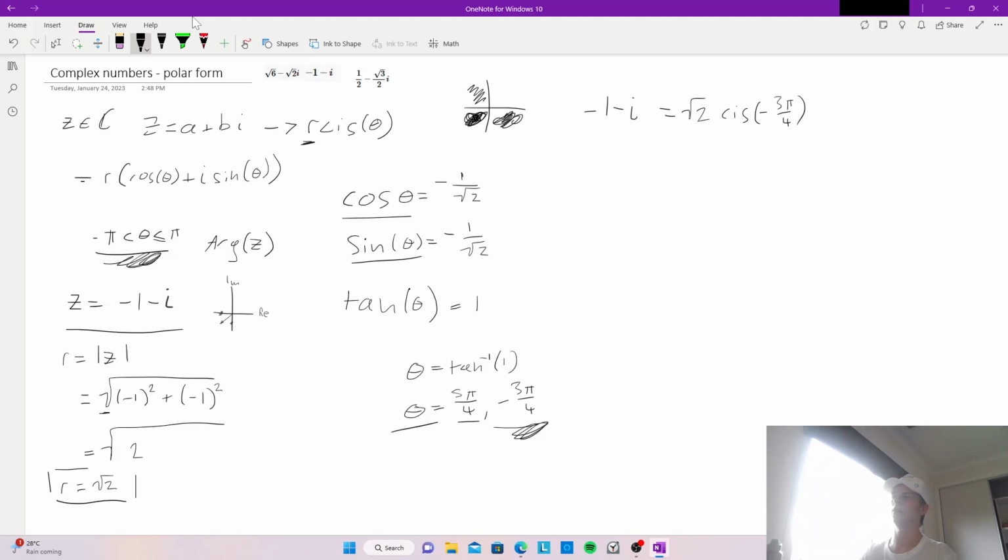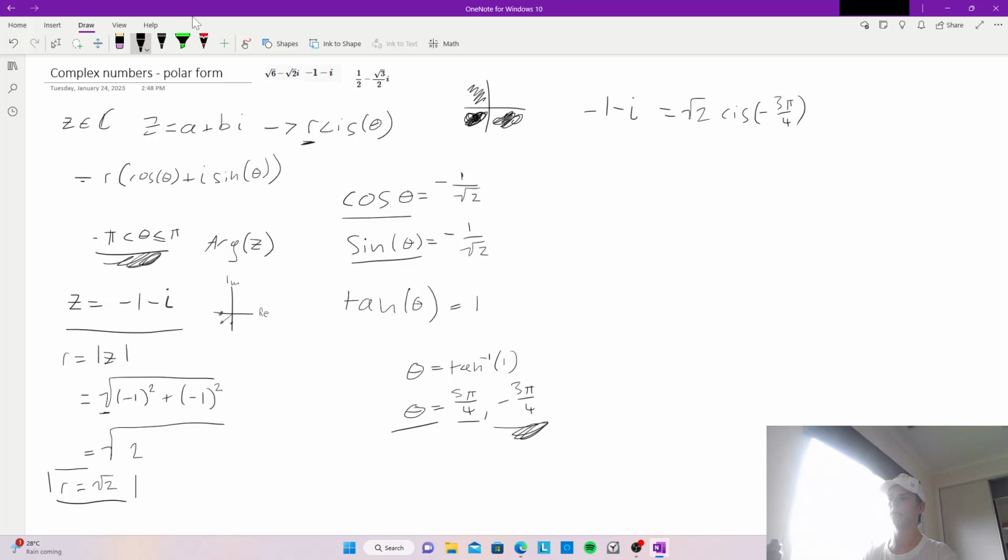I'll just do another one. Not sure how long this is going to go on for, but I'll just do another one just in case we get any wacky values. But this was actually a good one because I walked you through the problem solving of when theta actually falls outside the domain that we want for theta, but also when tan theta equals 1, you can get multiple values.